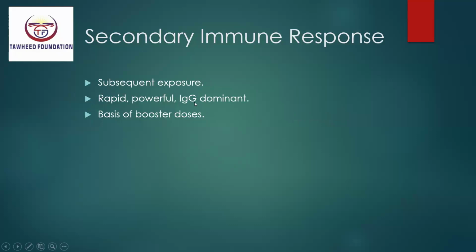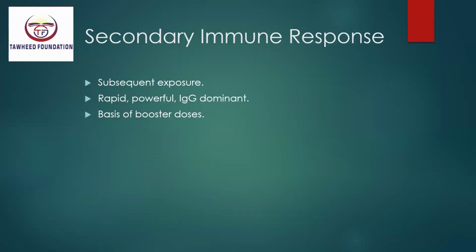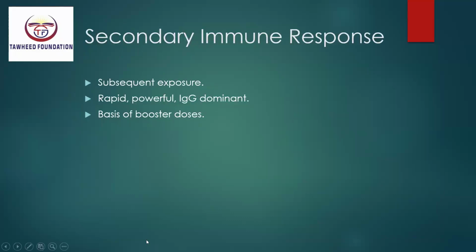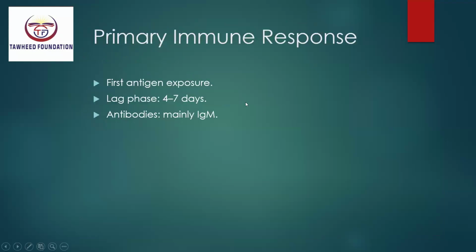Primary and secondary immune response. In this diagram, I'll explain how the body responds to an antigen for the first and subsequent times. The primary immune response is the first antigen exposure.